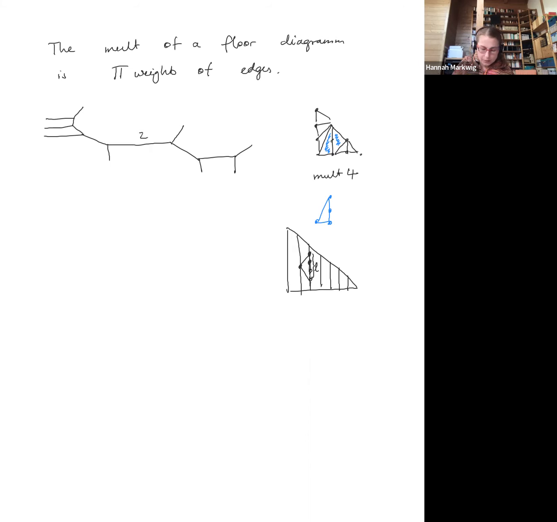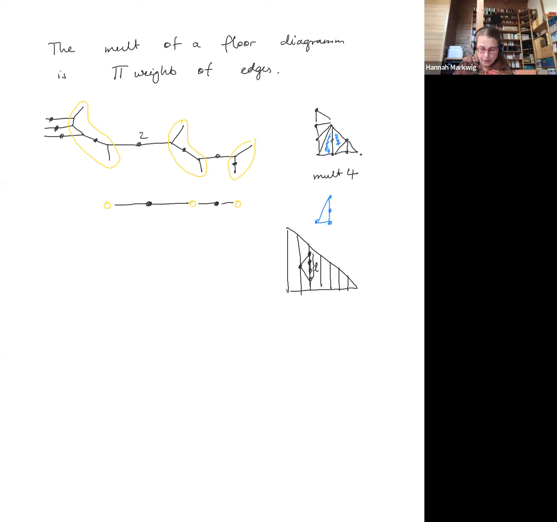Yeah, so we have two vertices in this tropical curve. Sorry, I should add point conditions to my tropical curve. And I should also draw the floor diagram once more below it. So, this is the floor diagram.